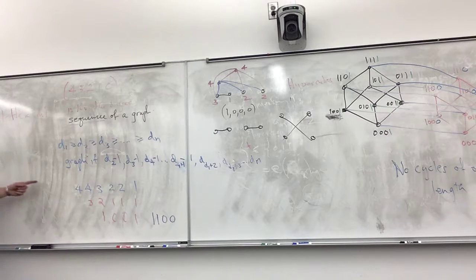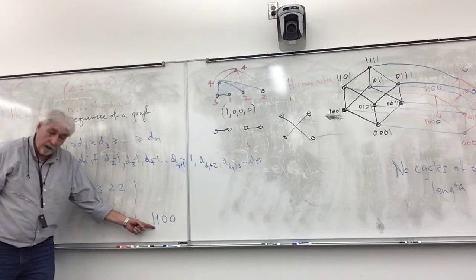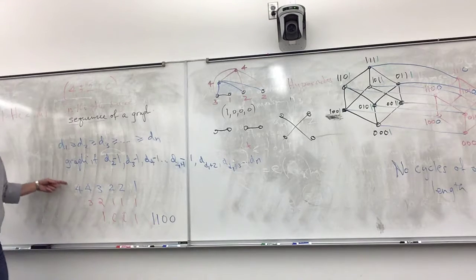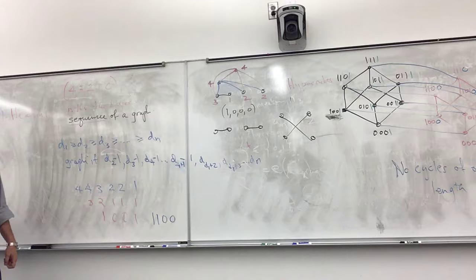And once you say it's realizable, because I come to a point where it is realizable, then going backwards you can actually construct the graph. We're going to prove this on Thursday.